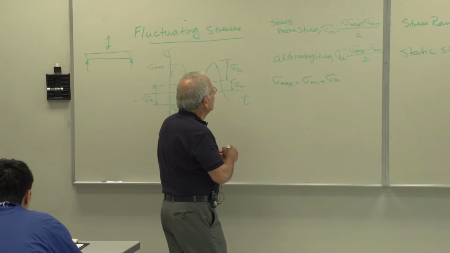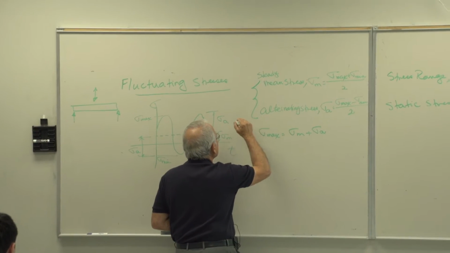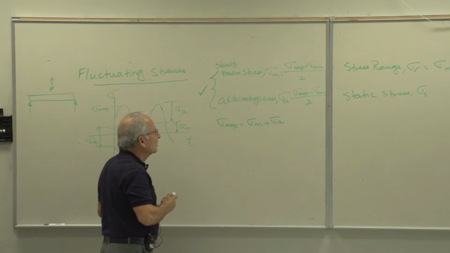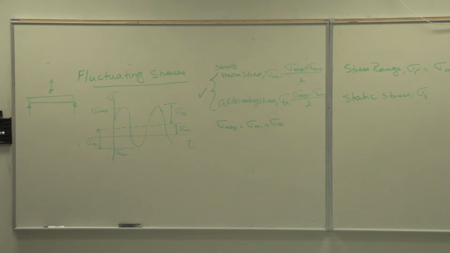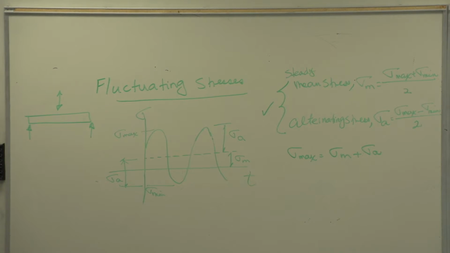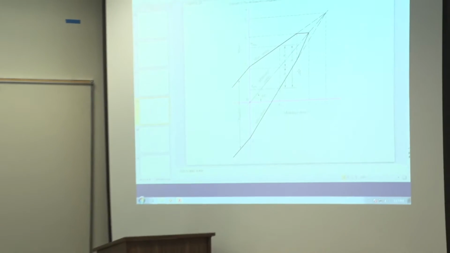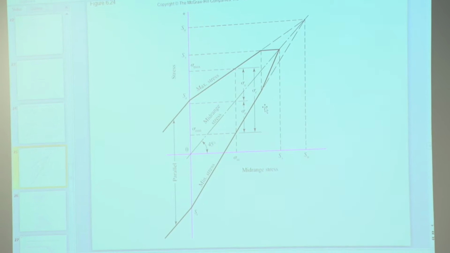The two that we use 90% of the time or more are those two: the mean stress and the alternating stress. And so we would like to take a look and see how we would analyze a situation with this kind of loading.